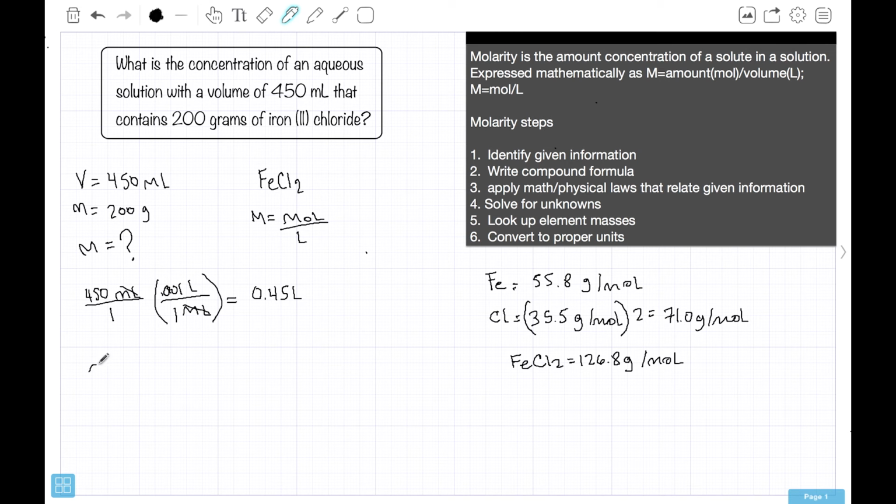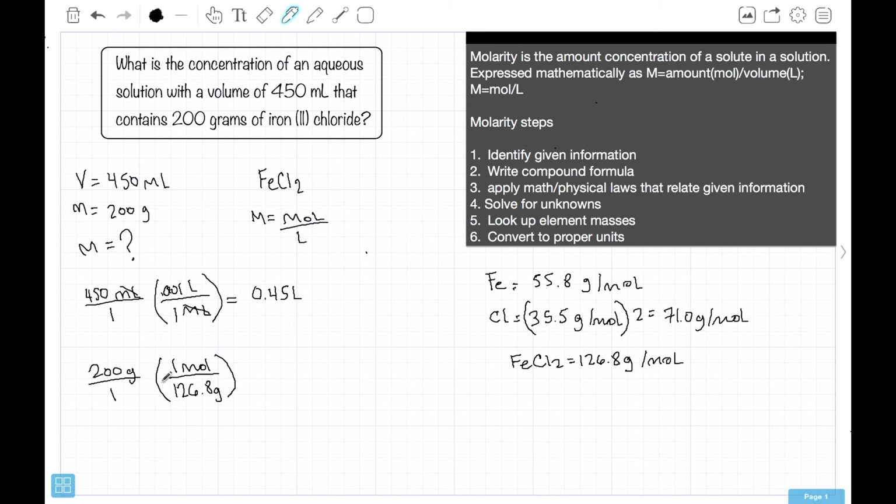So 200 grams, we'll put it over 1 just like we did for the conversion of the volume. And we want to get rid of grams, so we'll put grams in the denominator. So 126.8 grams is 1 mole.